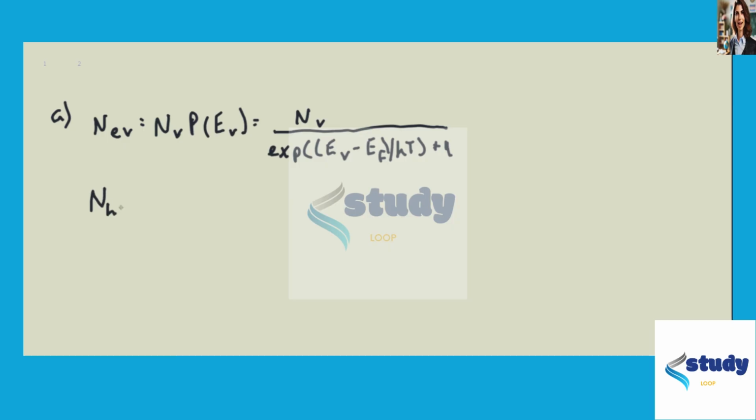So the number of holes in the valence band, since the number of available states has to add up to the number of available states, we can subtract this expression we just found from NV. And we'll end up with this.